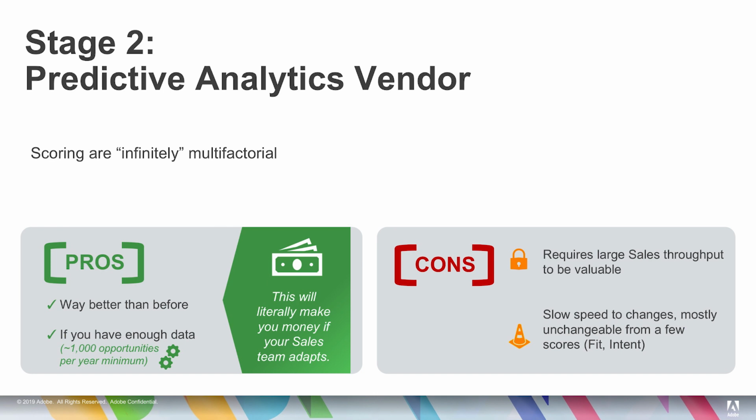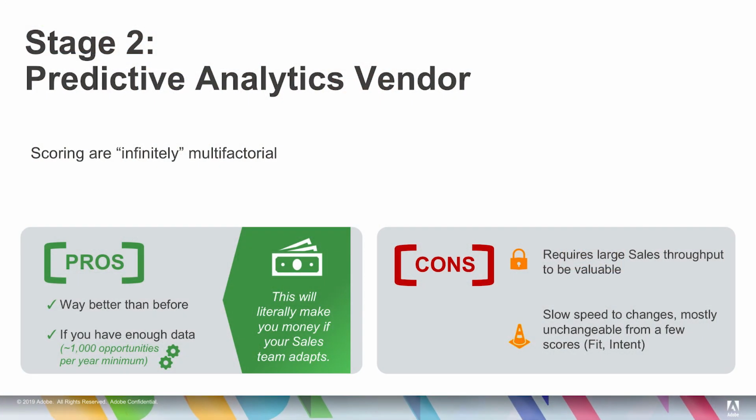But stage 1 into 2, if you're going from directional to predictive, if you have enough opportunities per year, I think you should be looking at a minimum of 100 opportunities, but in reality, we're trying to get 100 closed won at the very minimum of respectable math in order to get closed won opportunity information into these vendors.